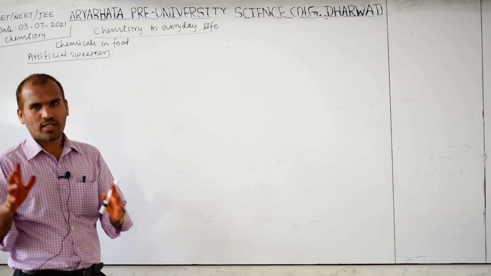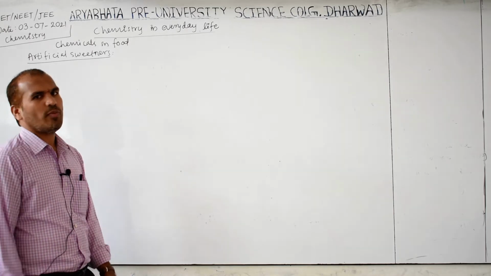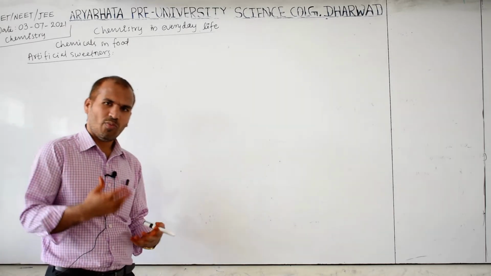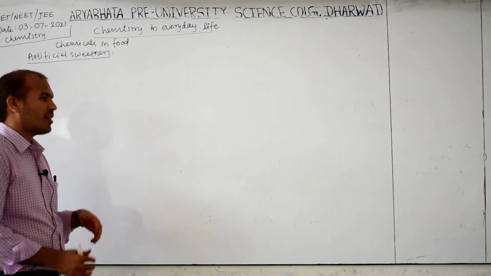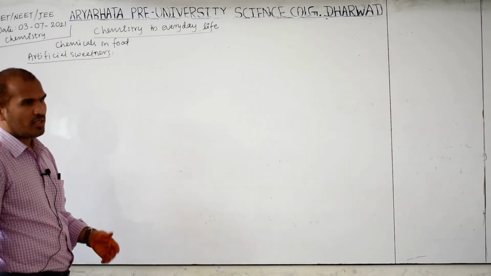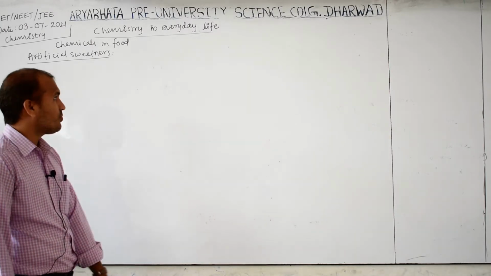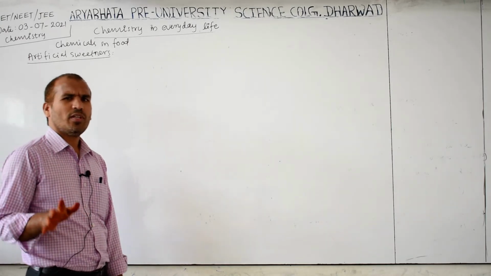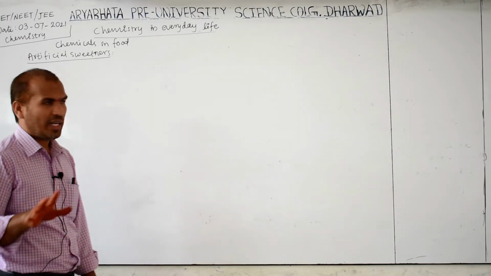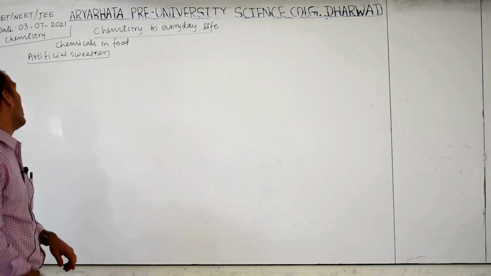Sugar also in less quantity, and salt in proper quantity, then there is no problem. But if you take more after some age, then these types of problems will come. Also you have to follow a diet and fitness exercise, then only your health will be maintained, otherwise so many problems will come. So being health conscious is very important.